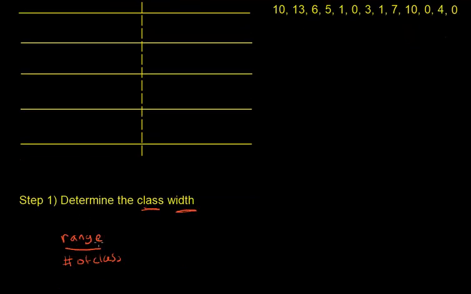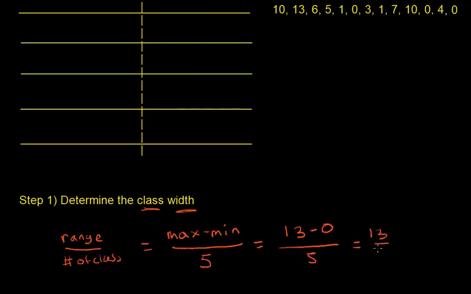Okay, so in our data, the range, remember range is max minus the min. So the biggest number minus the smallest number. In this case, our number of classes is 5. So that'd be 13 minus 0 over 5, which is just 13 over 5, which is 2.6.